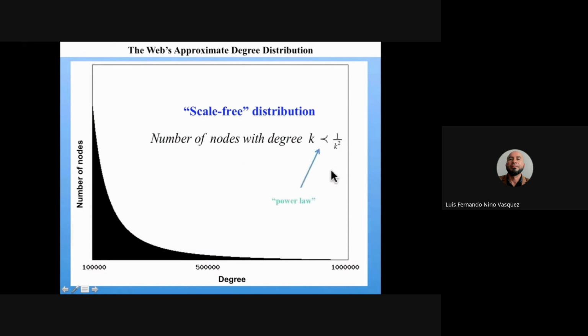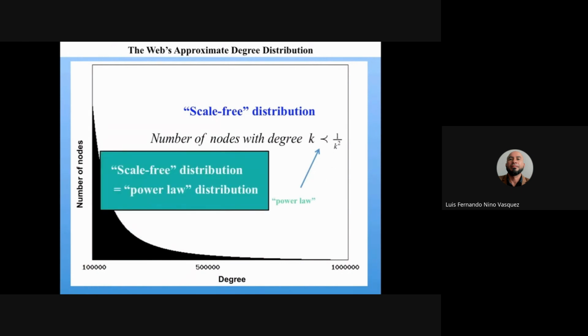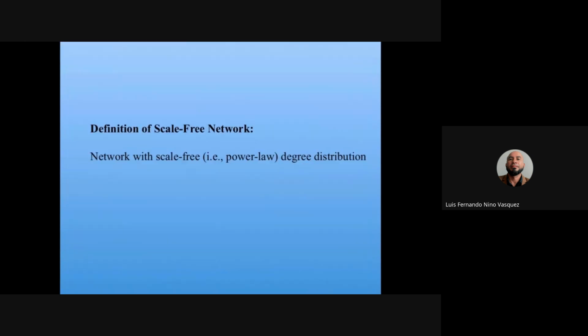Here we have 1 over k squared, but that's equivalent to k raised to the minus 2 power. If you ever hear the term scale-free distribution, you just know that that's equivalent to a power law distribution. And what's important to know is what that exponent is. So the definition of a scale-free network is a network with a scale-free or power law degree distribution.